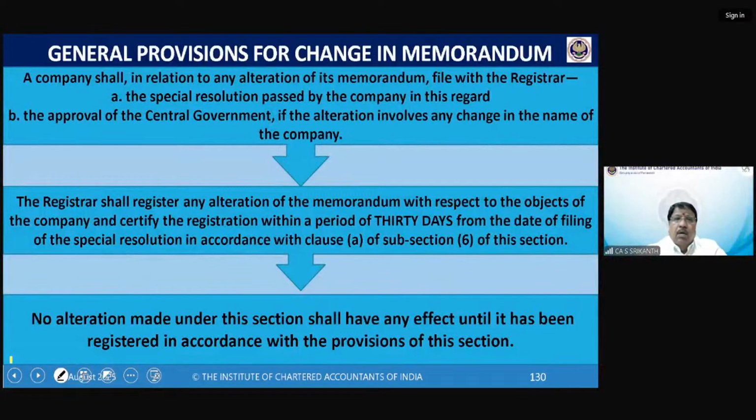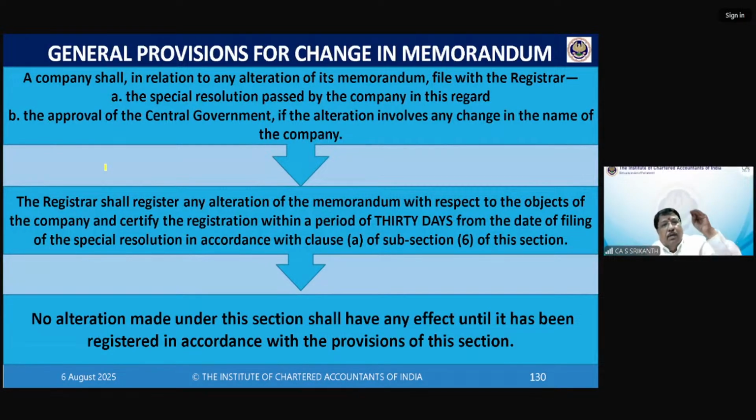Okay. So of course, once you alter the memorandum, you will file the special resolution, with approval of the Central Government, if any, as in the case of a name change, etc. And that change in the memorandum, once filed, should be registered, and the registration will be noted. Unless that is registered in accordance with the provisions of this section, the alteration will not take effect.